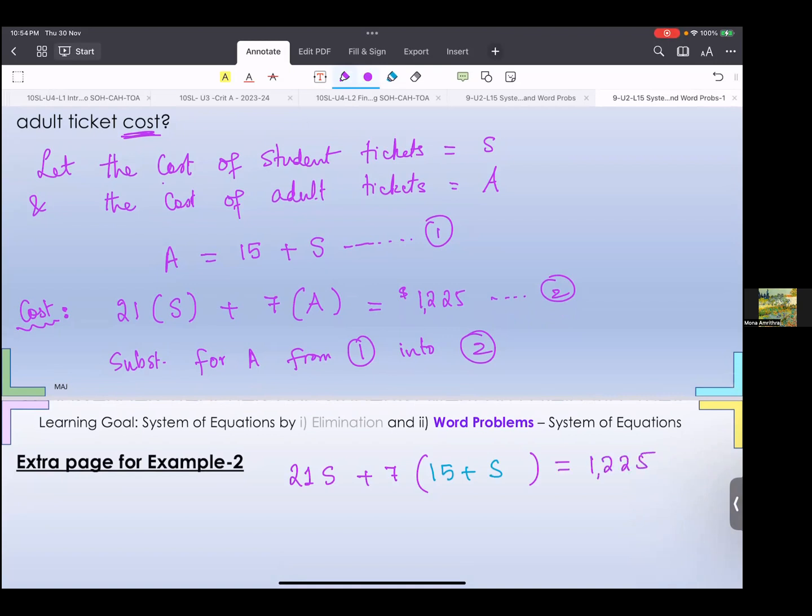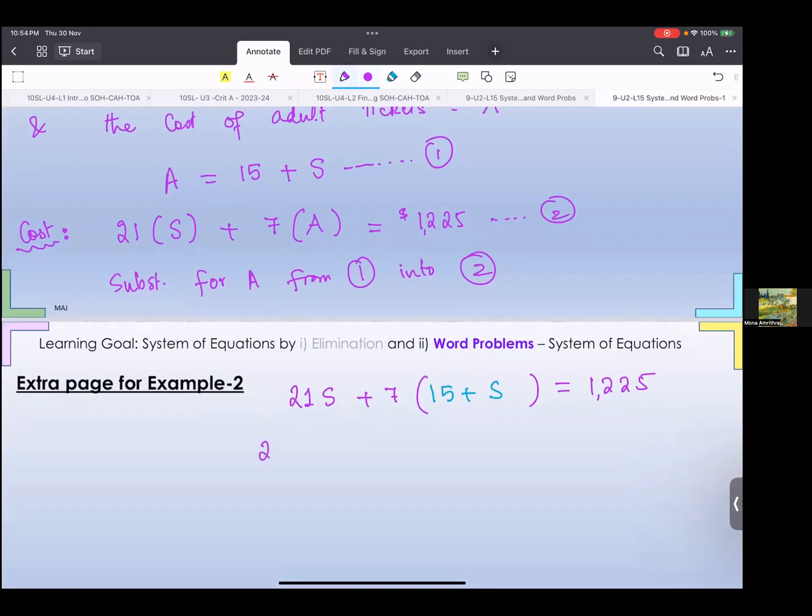Okay. So 21S plus 15 times 7. Oh, sorry. 15 times 7 is 105.